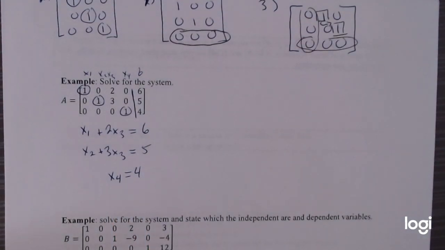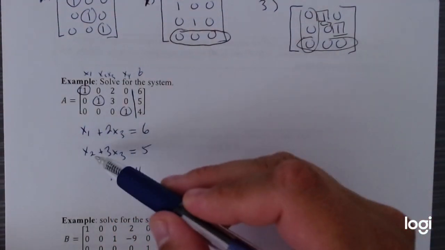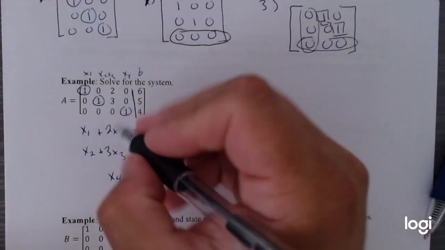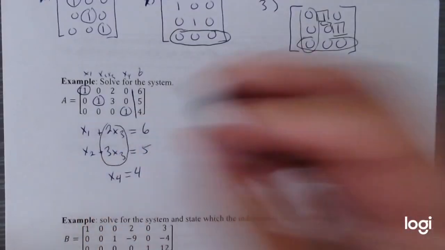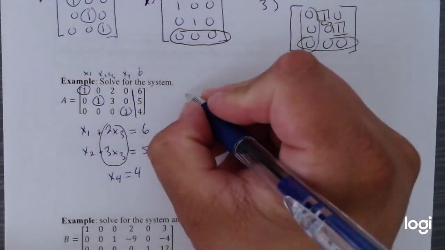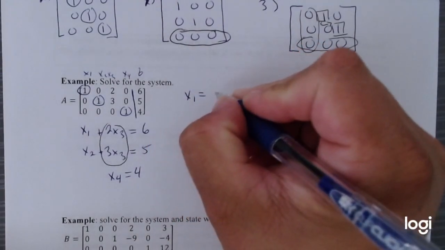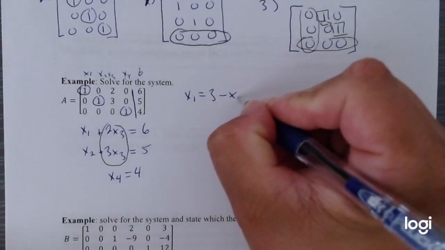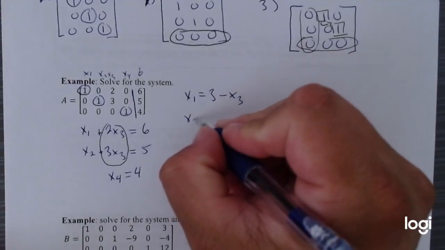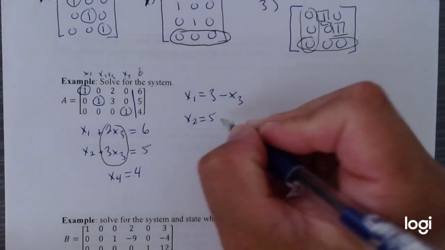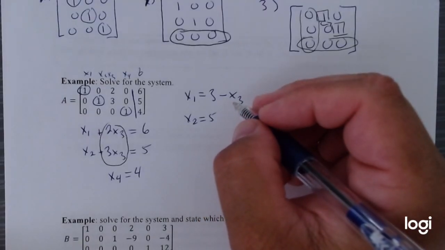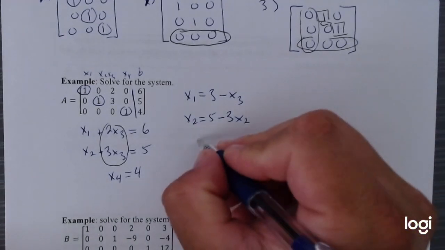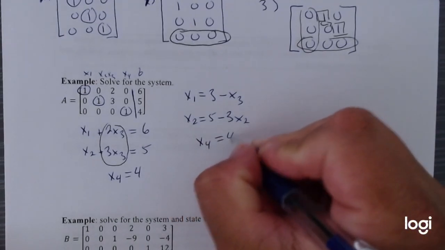So what we're going to do is solve for x1 and x2, because they both have x3 in common, and see what we can do. If we just bring that over, x1 is equal to, and I'll divide by 2 to make it easier, 3 minus x3. x2 will be 5 minus 3x3, and then we have x4 equaling 4.